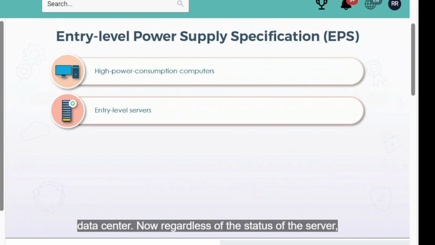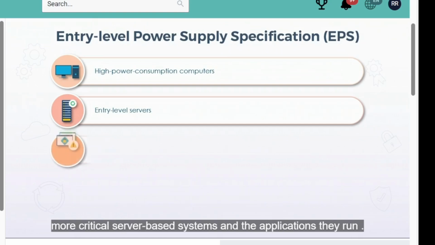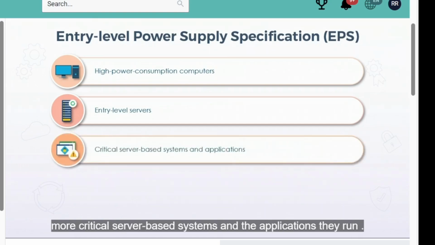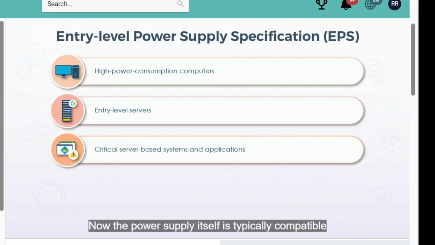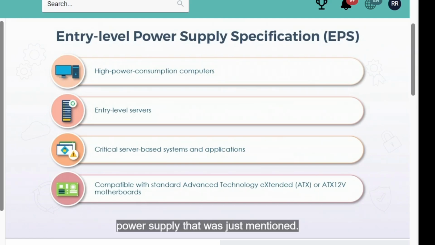Now, regardless of the status of the server, the EPS standard provides a more powerful and stable environment for more critical server-based systems and the applications they run. Now, the power supply itself is typically compatible with standard ATX or Advanced Technology Extended boards, or the ATX 12 volt motherboard, which in fact is that 12 volt only power supply that was just mentioned.